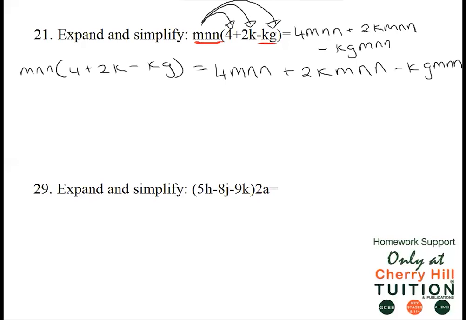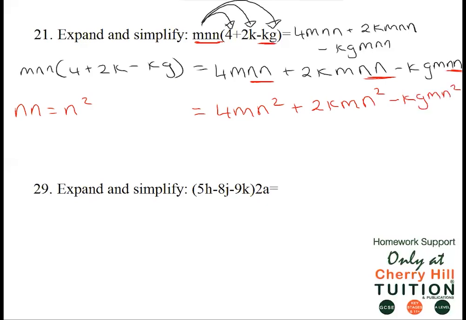Now, we have double n's. We can simplify this to n squared because nn is the same thing as n squared. So in order to further simplify this, we can write this as 4m n squared plus 2k n squared minus kg n squared. And that is your final answer. So it is quite straightforward and hopefully it made sense.